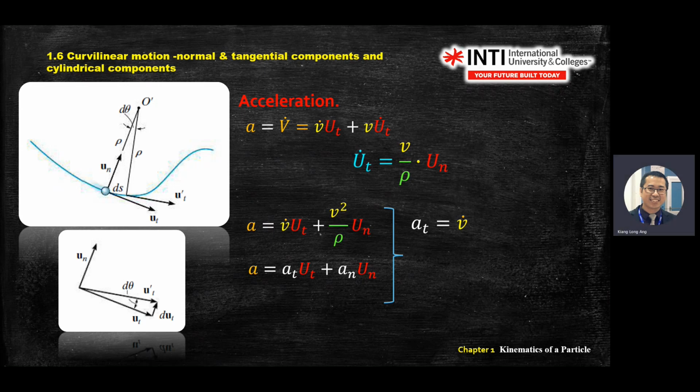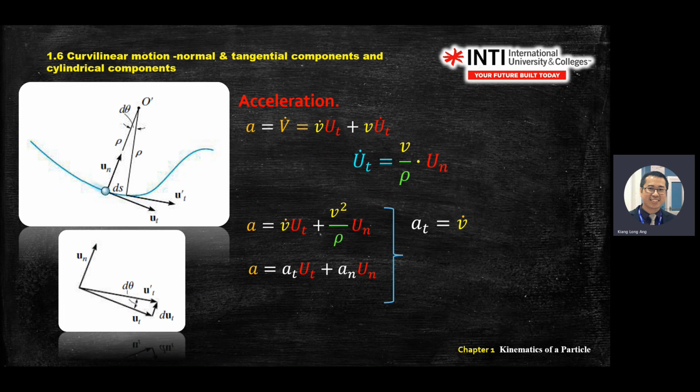So you always have two directions, tangent and normal, because we are now in curvilinear motion. Memorize this one. a t equals v dot. V dot, what does it mean? You differentiate your velocity with time.